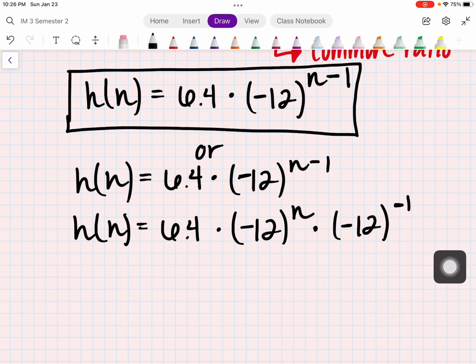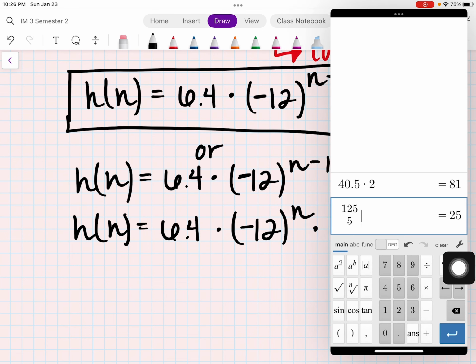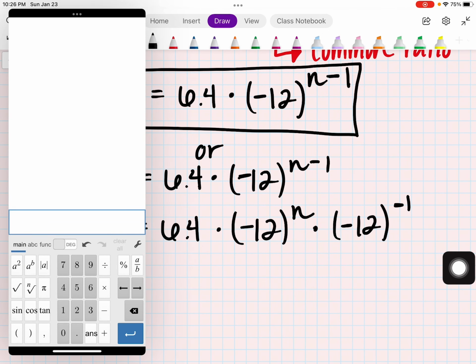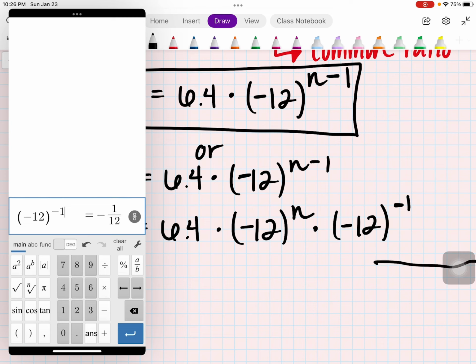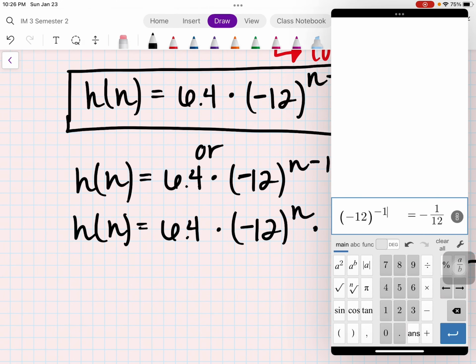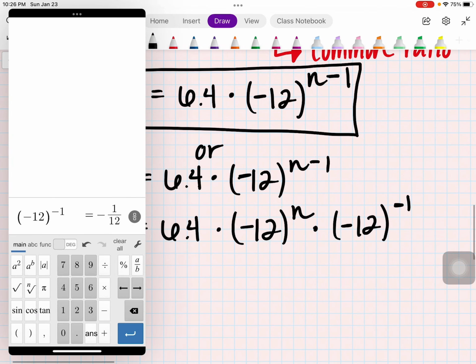Now, in this case, guys, with the negative 12 to the n, nothing's going to change there. But if I do negative 12 to the negative 1 power, that's actually going to give me negative 1 over 12. And whenever you have negative exponents, do remember to flip.